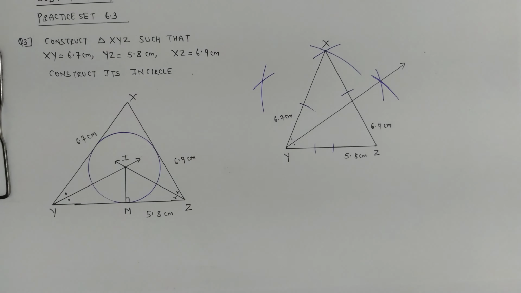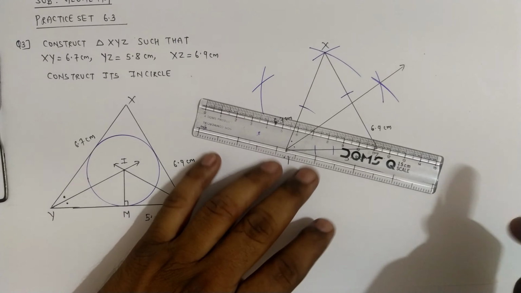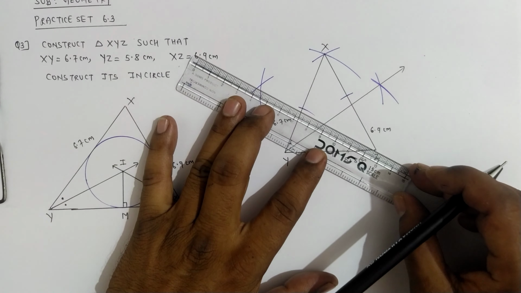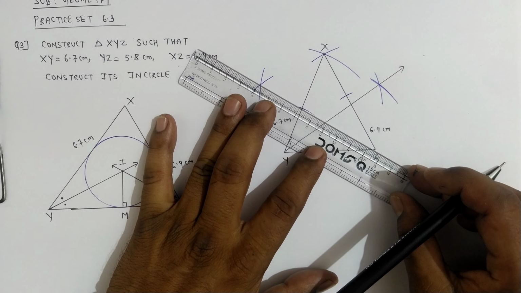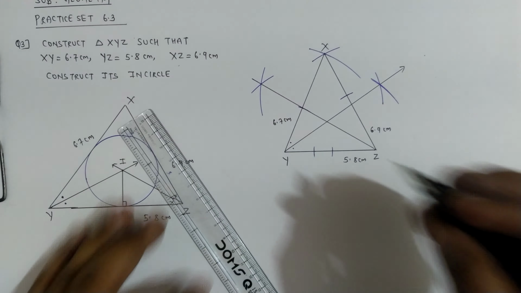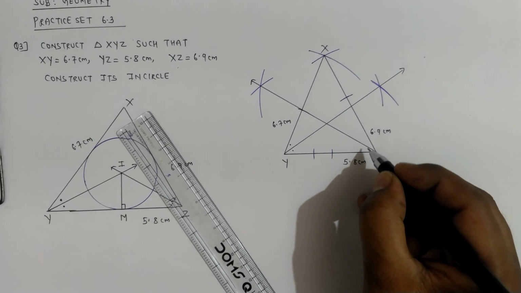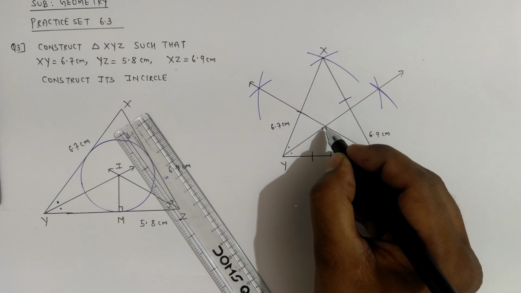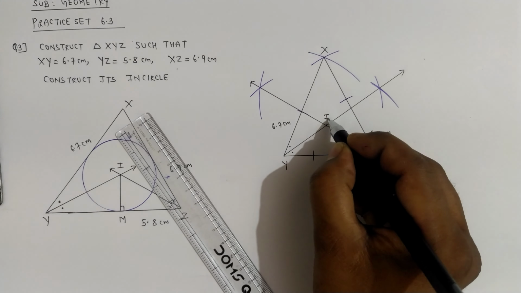So we have bisected angle Z. Draw the ray. So we got this point, children. This point you can mark as point I.